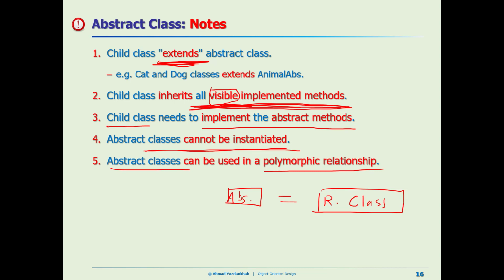Before, we could have an interface on the left and a class on the right, right? Now we can have abstract classes as well. This is the way that we create a polymorphic relationship.